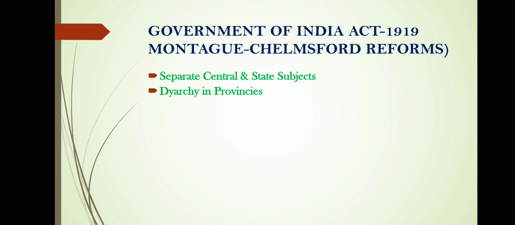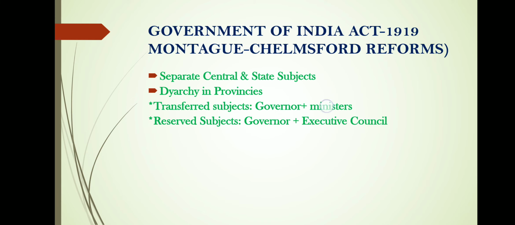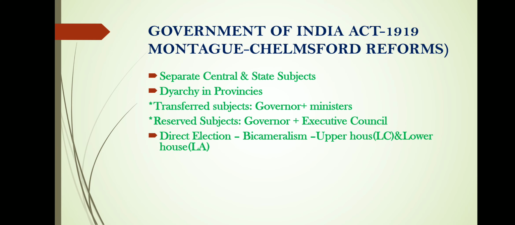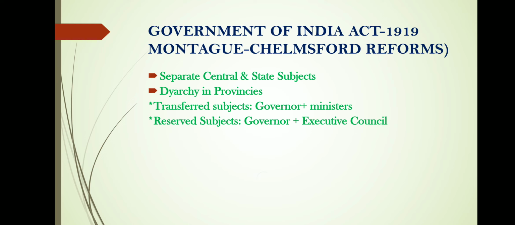Diarchy in provinces will take place, where transferred subjects and reserved subjects are classified. The transferred subjects are administered by the governor and ministers, whereas reserved subjects are administered by the governor and executive council.